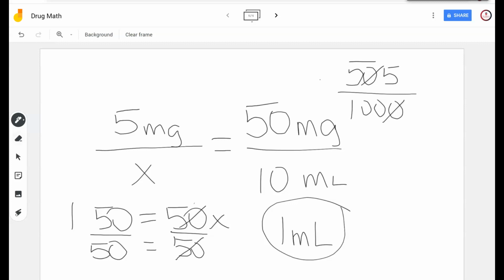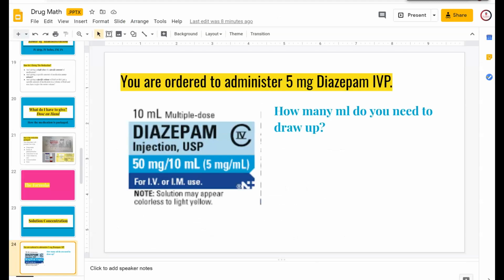Someone did that once, and I was like, your math is going to be janky. It has to be a terminal 0, okay? Because terminal zeros mean that it's been multiplied by 10. So that means that you can then divide by 10 to simplify. So that means here and here, it becomes 5 milligrams in 1 ml. Okay? I didn't lose anybody, did I?